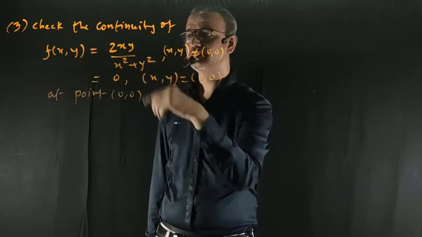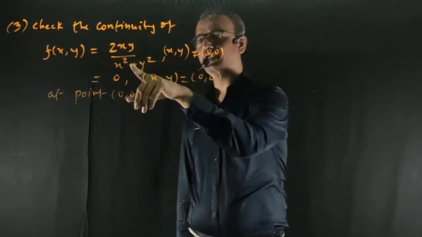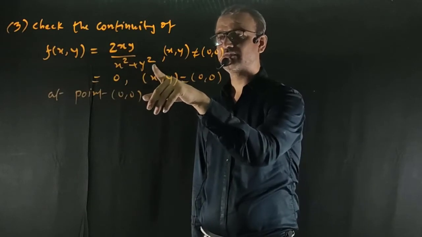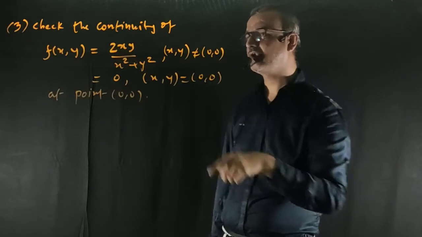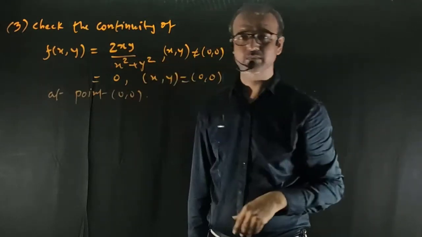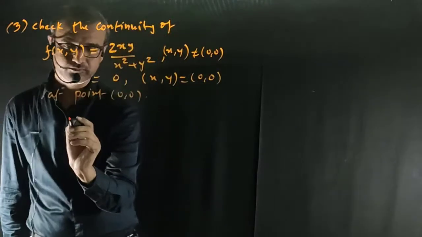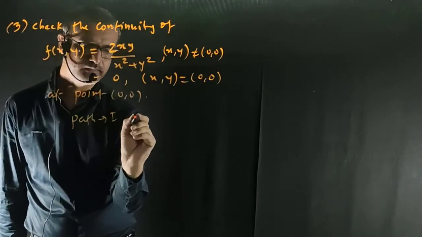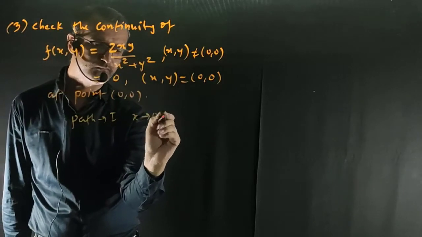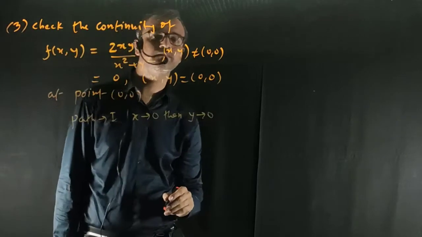So to find out the limit of this function, as you can see, if you put the value of x equals to 0 and y equals to 0, the denominator will become 0. So we have to find out the limit of this function by taking different paths. So first of all we will take path 1, that is x tends to 0, then y tends to 0.